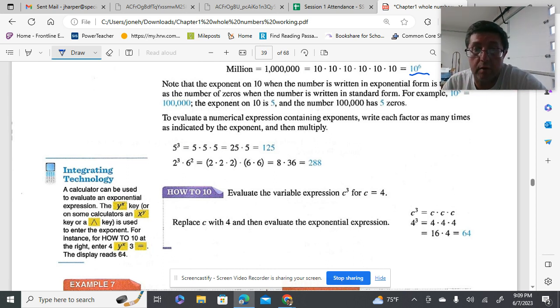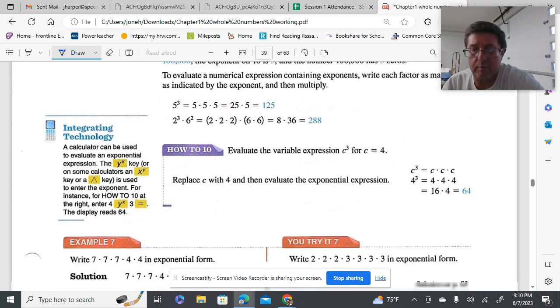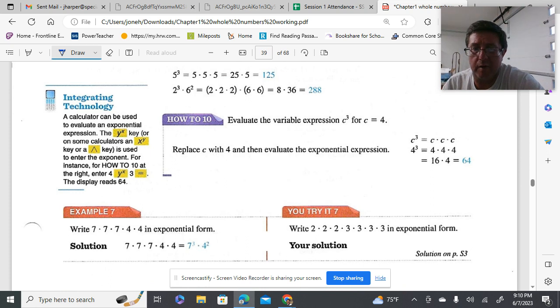Now, could you say, well, let's take 5 times 5 times 5? You could if you want to hit 5, the times button, 5, then the times button, you can do that. But you could also hit 5, the YX button, and then 3. Or you could hit 5, second button, 1. I don't really care so much for the second button and 1.